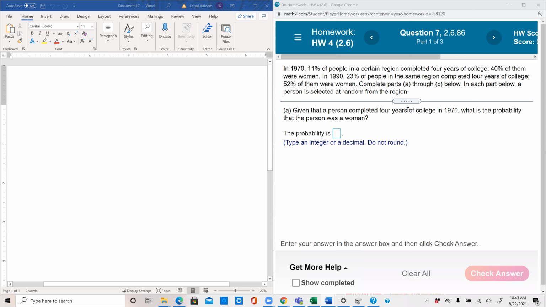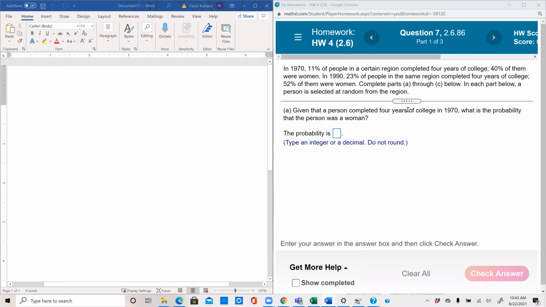Now, if you're thinking in terms of conditional probability, the formula is probability of woman given college, which equals probability of woman and college divided by probability of college. The probability of being a woman given that you completed a college degree is given to us: 52% of the college completers were women, so that's 0.52.